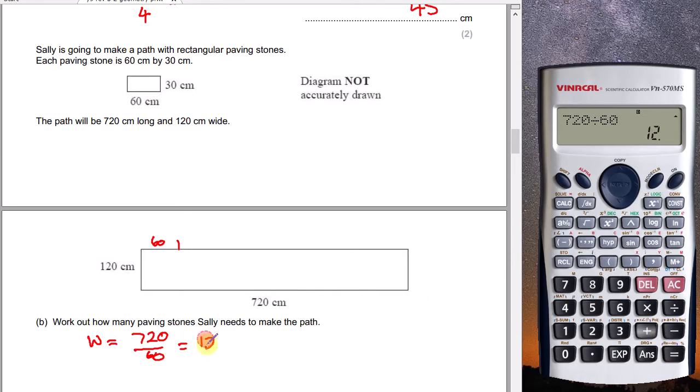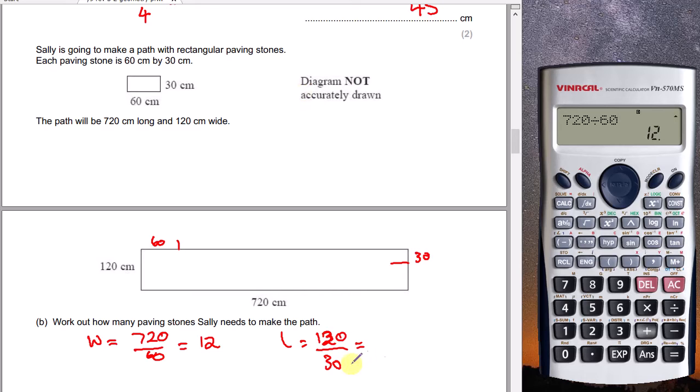There you go. And the length in terms of blocks is 120 by 30, which I hope you all realise is going to be 4. So there's 120 along the length, one length is 30, so one block on the bottom. My equivalent fraction thing still. Don't forget, this is all talking about equivalent fractions, even if we're doing these calculations.